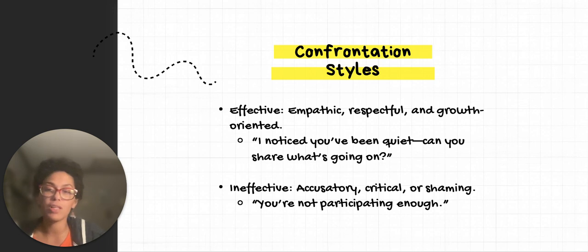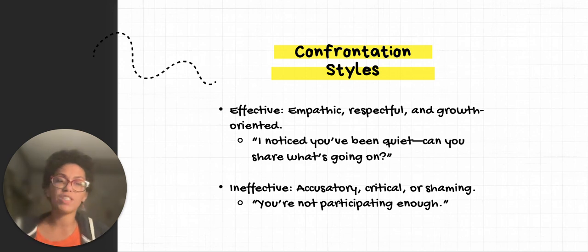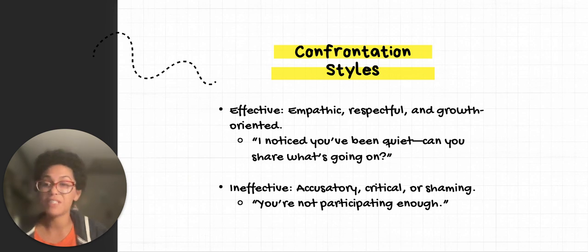So this might look like involving I statements, such as, I noticed that you've been quiet during the last few sessions. Can you tell me more about what's going on with you? On the other hand, ineffective confrontation is likely to provoke defensiveness and resistance. So this might involve accusatory language, such as, you're not participating enough in group, which can make the member feel blamed and alienated.